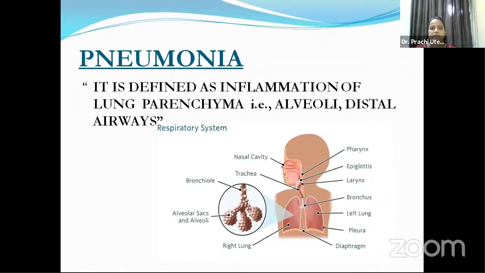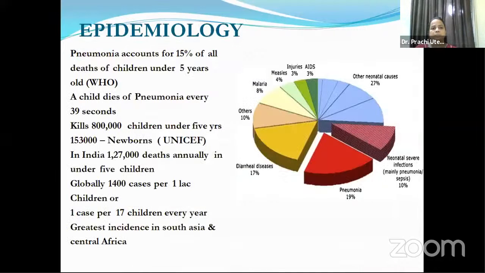Because of the smaller airways, they get affected easily by environmental factors. In the epidemiology, pneumonia is considered a leading cause of death in under 5 in developing countries, and India is a developing country with too much crowding and low socio-economic status, so the incidence is very much higher.